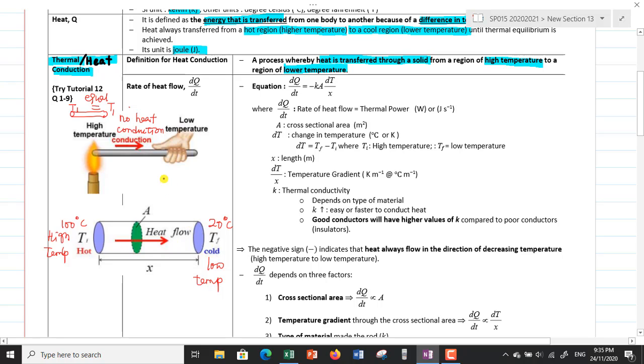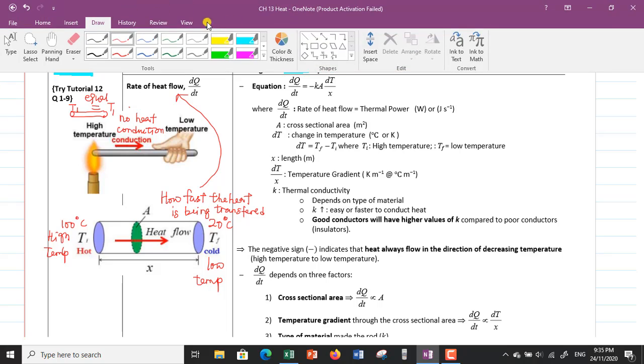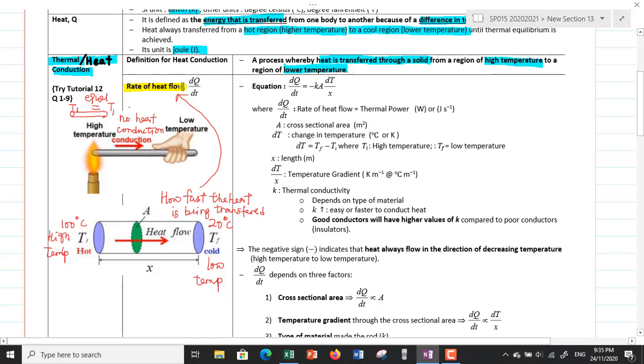So maybe we would like to know how fast the heat is being transferred. How fast the heat is being transferred is what we call the rate of heat flow.